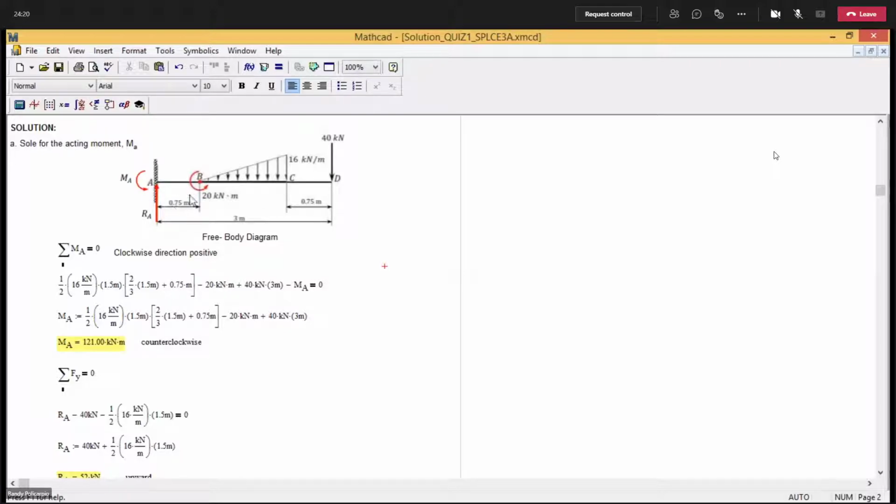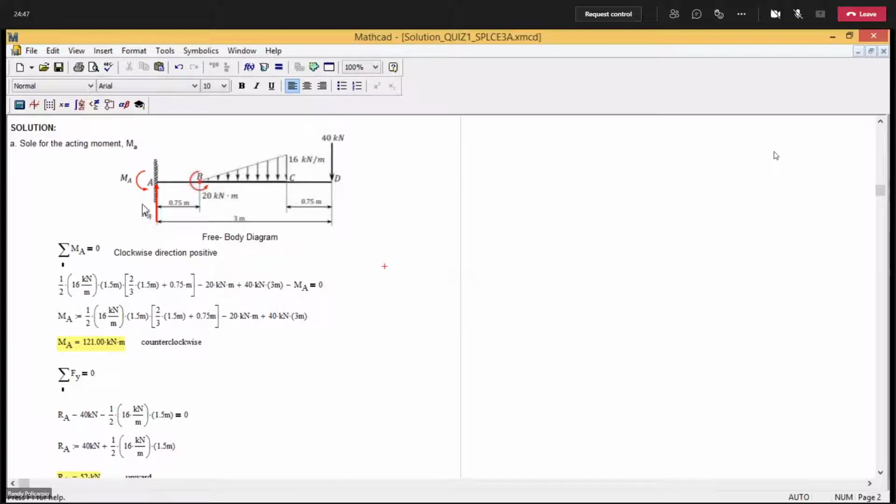Now for the couple, 20 kilonewton meter, this is already a moment. Because it is a moment, all you need is to look at the direction. Its direction is counterclockwise, so it is negative. Now the 40 kilonewton load will produce a clockwise moment, so that is why it is positive.